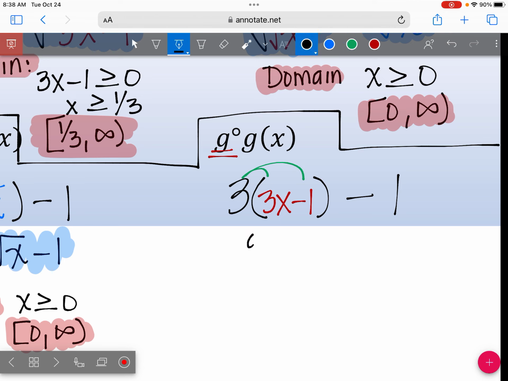So that'll give you 9x minus 3 minus 1, which is 9x minus 4. So that would be your function. And we don't have any red lights, so my domain is all real numbers.